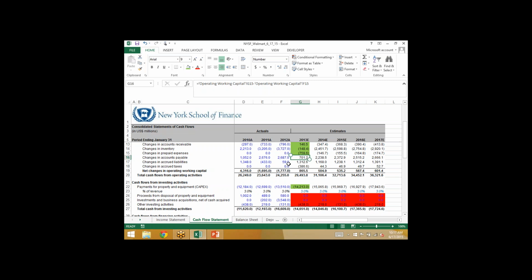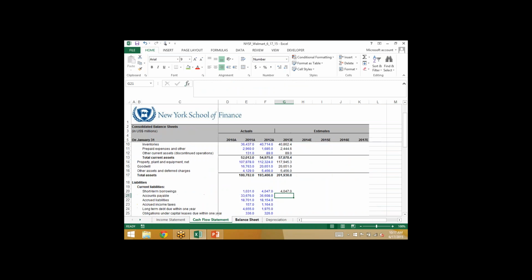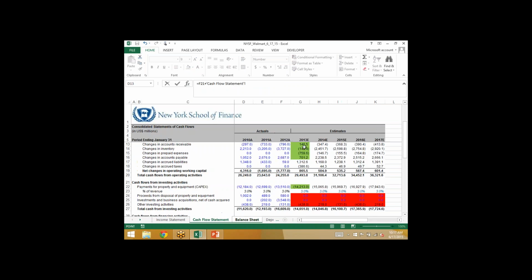Increase. Liability. Cash up, liability up. Accounts payable is a liability. For every liability, cash up, liability up. So this is going to be equal to the year before plus changes in accounts payable on the cash flow statement.